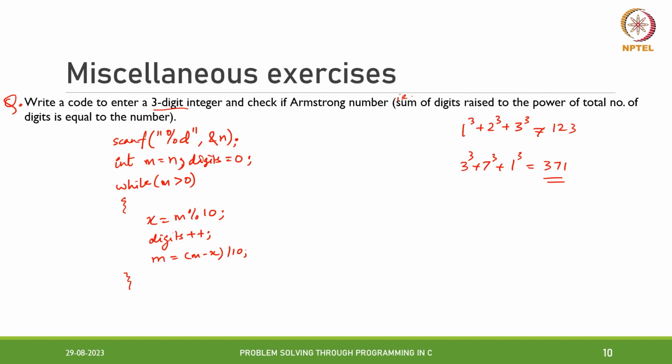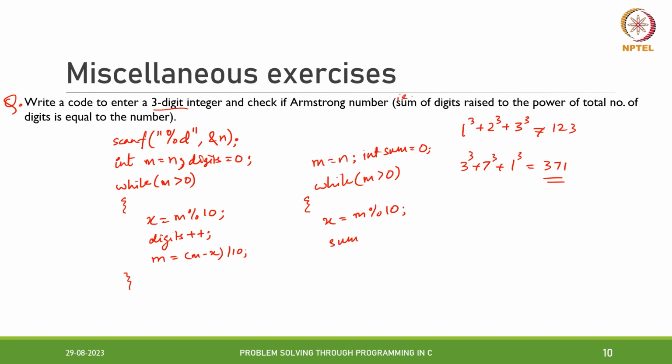Now after this is done, I'll write the next while loop. I'll write m equals n again, while m is greater than 0. Now I need to calculate the sum, so I write int sum equals 0. I again extract the digits.